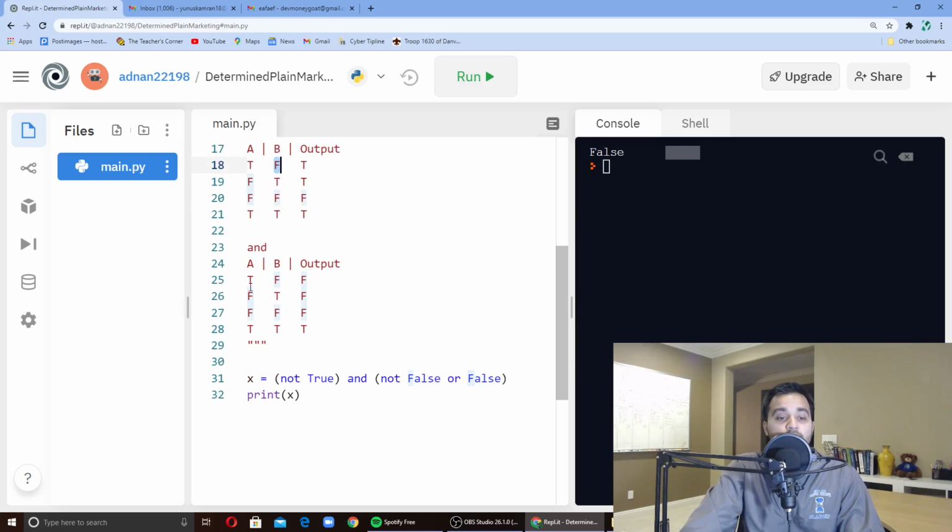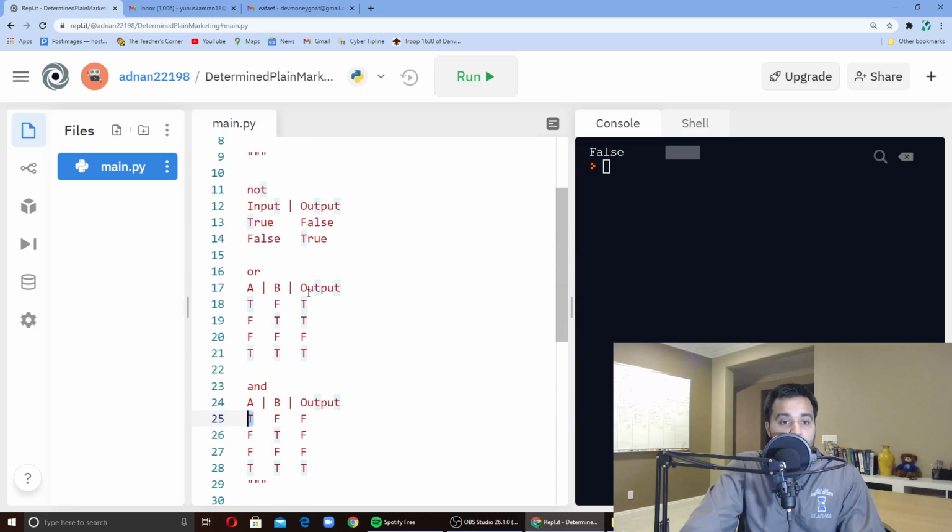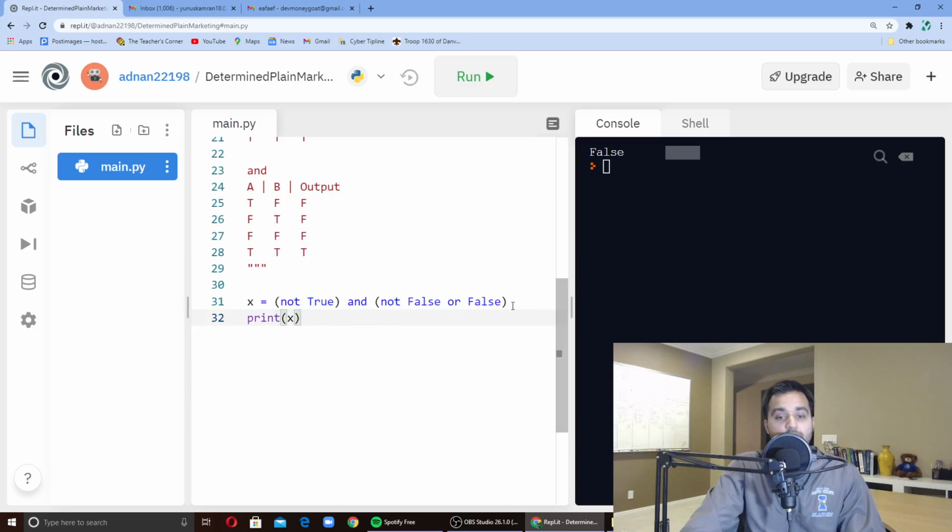Same thing with and. If it's false, then already I know the answer will be false. But let's say all I know is that A is true, well, then it's conditional on B. If B is true, then it's true. If B is false, then the output will be false. So that's that. Now, I think we can just go over some examples.